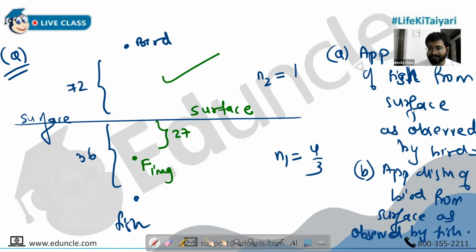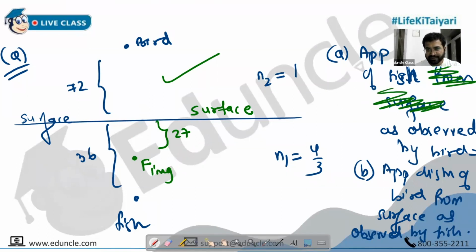Just apparent distance of fish from surface as observed by bird. And this doesn't make sense. Just a minute. So answer is 27 then. From surface doesn't make sense. See, these are the questions I randomly had created. Okay. So from surface it is 27, or I will just write apparent distance of fish.